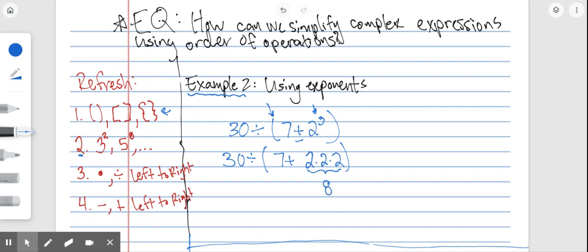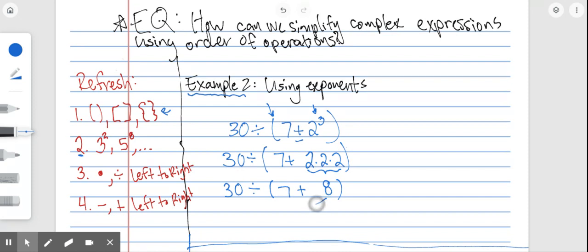So that becomes 8. I'm going to continue rewriting, but remember, I still haven't done everything inside the parentheses, so the parentheses stay until I've done everything inside of them. I did one of the operations inside the parentheses. Now I have to do the other one.